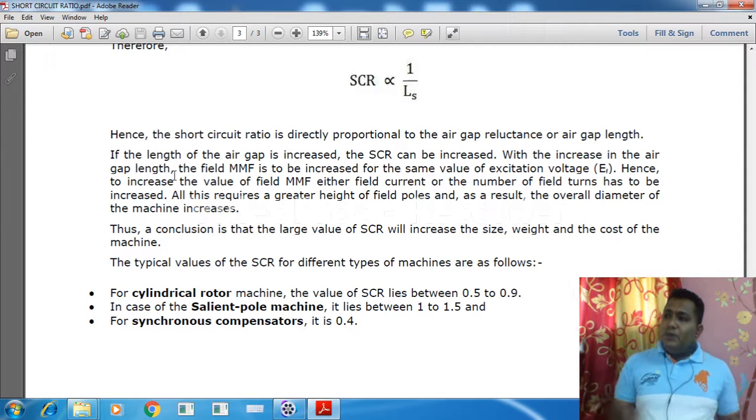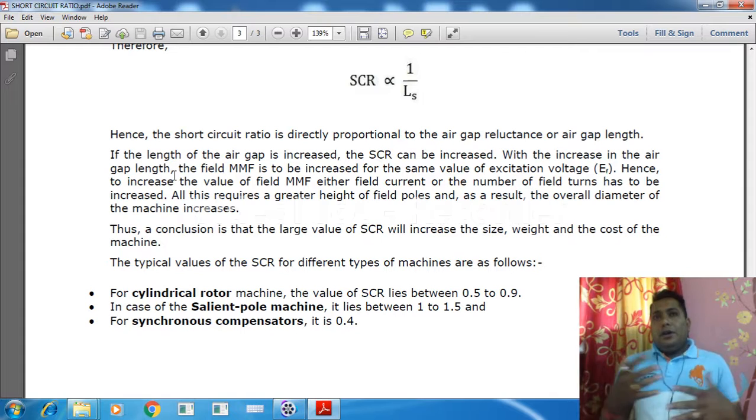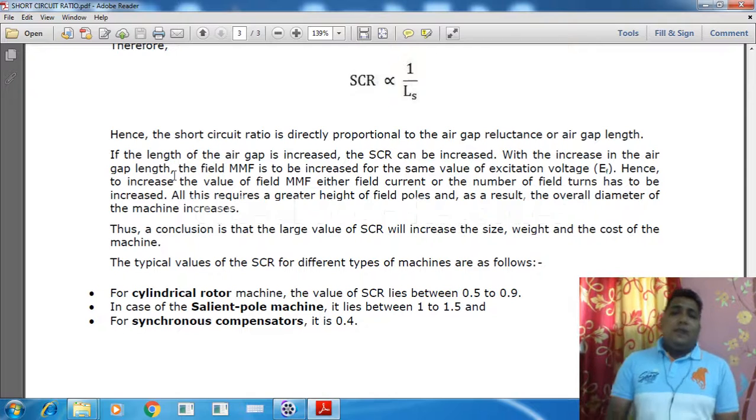So that means if we want a higher SCR, we make the air gap length higher, and if the air gap length is higher, the magnetic pole length should be higher, and for that the diameter of the overall machine should be increased. Thus, a large value of SCR will increase the size, weight, and the cost of the machine.